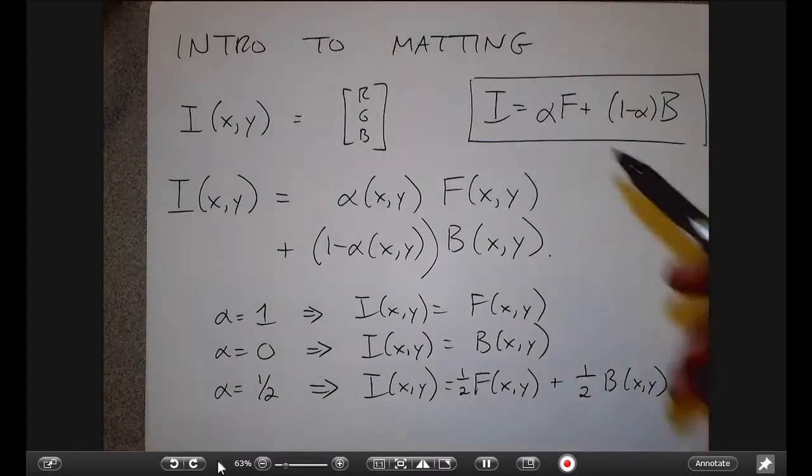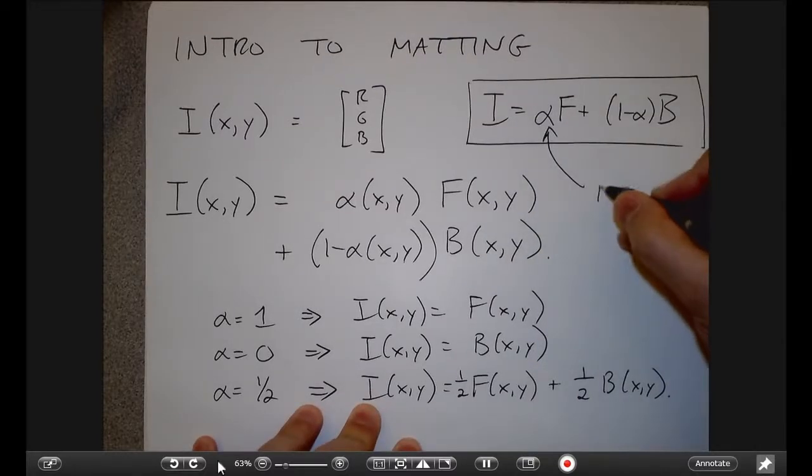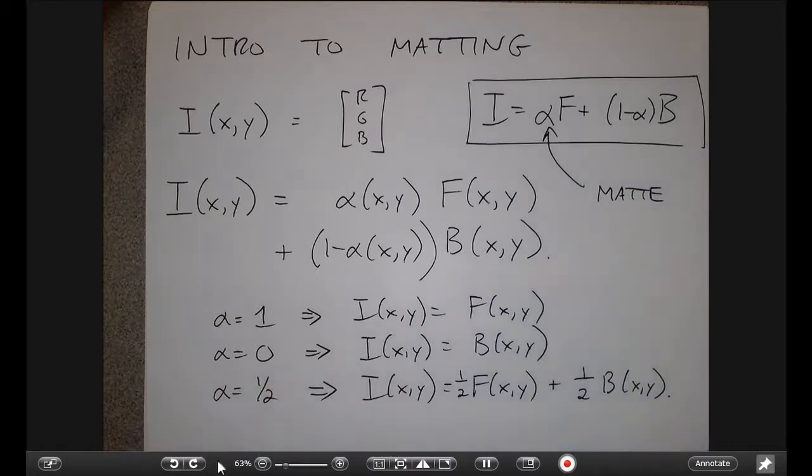And so this alpha is what we call the mat. The way I think about this is that I, the original image, is a full RGB image. F and B are also full RGB images, and alpha is a grayscale image that just tells me, between 0 and 1, how to mix those two things together.